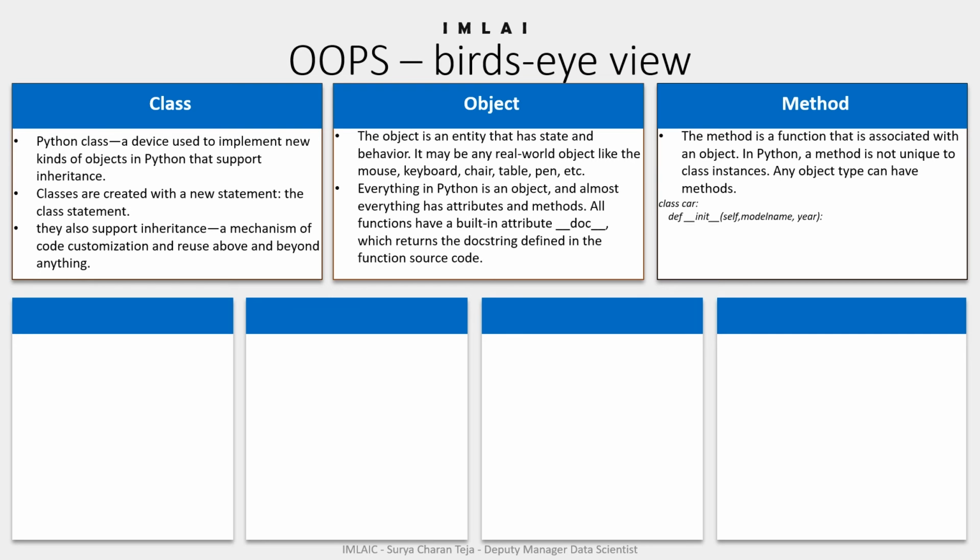Here is a simple example. Class is car. Of course, a car is a category or a class. But what type of car? If you have a specific name, Tata, Nexa, or Benz, so if you have a specific model, then that is an object.